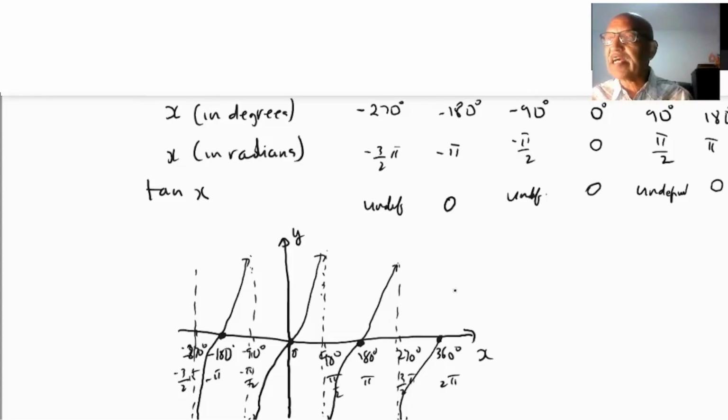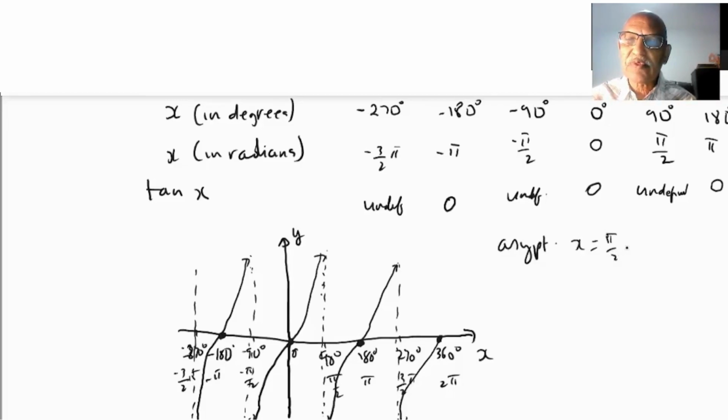Therefore, this is the basic graph of tan. What we can see is we have asymptotes. The asymptotes are at x equals pi over 2, x equals 3 over 2 pi, x equals minus pi over 2 or 90 degrees, and x equals minus 3 over 2 pi. These are asymptotes.